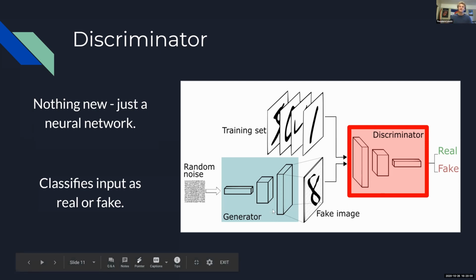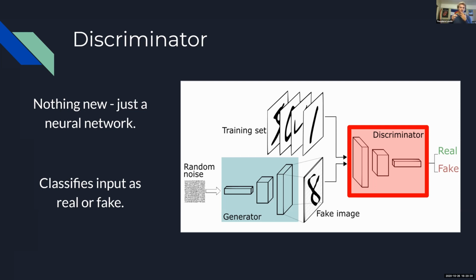But when you look at the generator, it looks like that convolutional net that you're used to seeing, but sort of in reverse. And so what you use instead of a max pooling layer is an upsampling layer, which sort of expands the dimension of your image. So it'll go from like a 1 by 1 to a 4 by 4, expanding the image. And there's a lot of thought that goes into that if you want to look into it more, but it's possible to do convolutions in both ways.